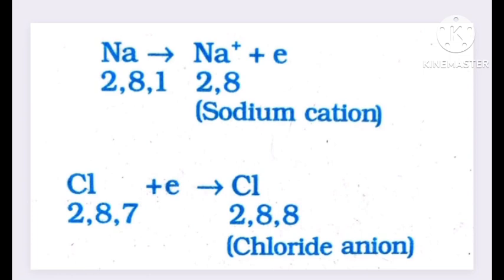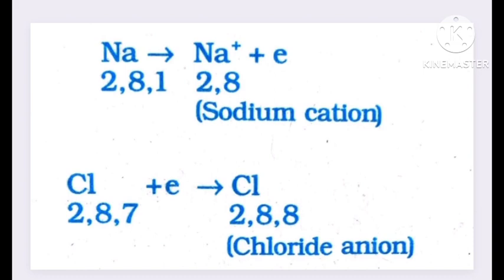That means metals have the tendency to lose electrons present in the outer shell and form positive ions. Similarly, non-metals like chlorine, written here, have the tendency to gain electrons and become electronegative ions. Here sodium has been converted to sodium ion and chlorine is converted to chloride ion.